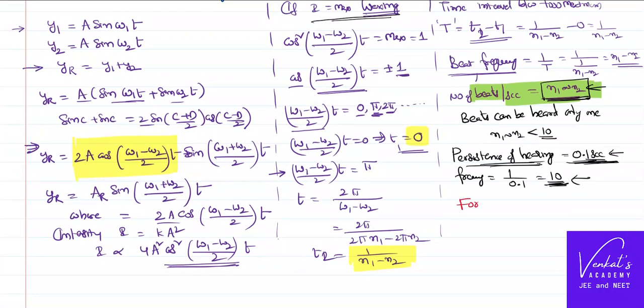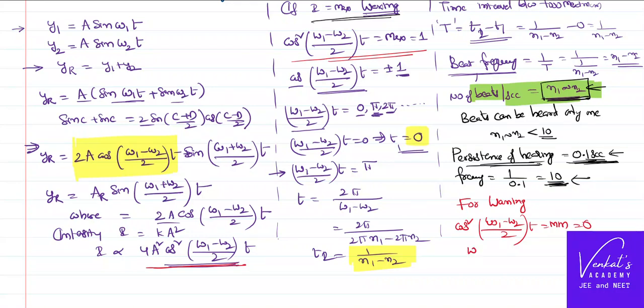For waning to happen, this amplitude has to become minimum. That means cos squared of (omega 1 minus omega 2) by 2 times t is minimum. Right? So the minimum of that is equal to 0 for a cos function.